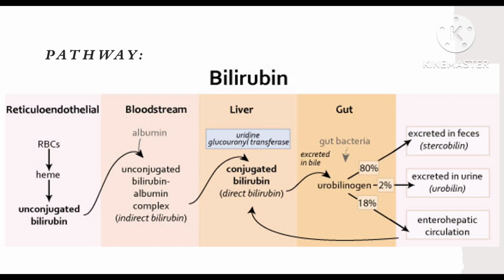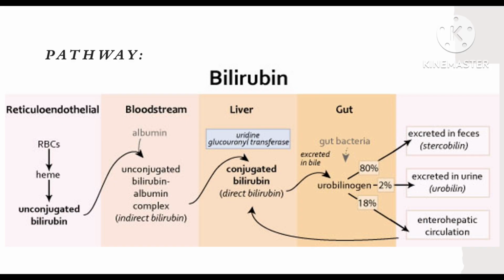It is conjugated to increase its solubility, then secreted into bile, and finally transformed in the intestine to urobilinogen and stercobilin for excretion. This continuous cycle not only clears potentially toxic heme products, but it also contributes to the pigmentation of our feces and urine, making bilirubin metabolism both physiologically vital and clinically significant.